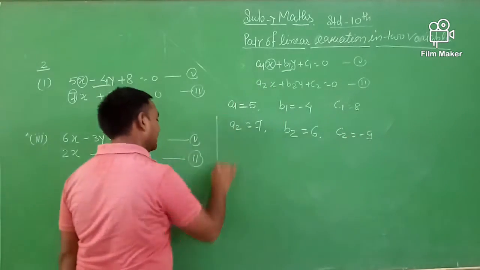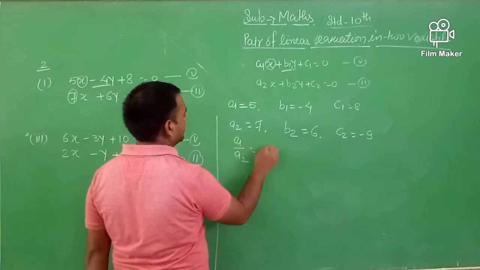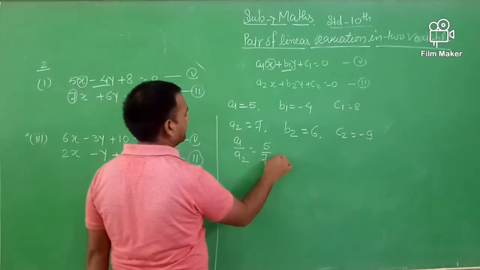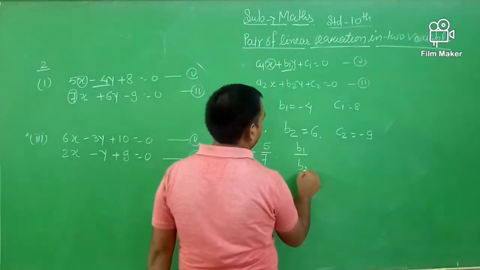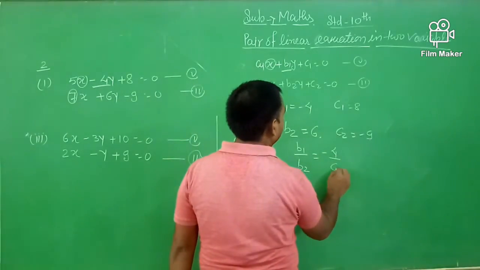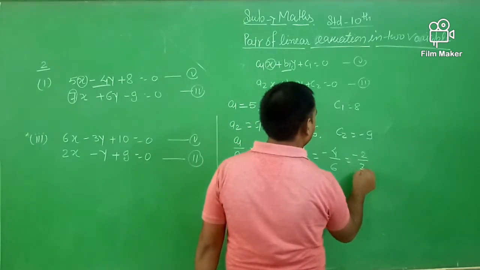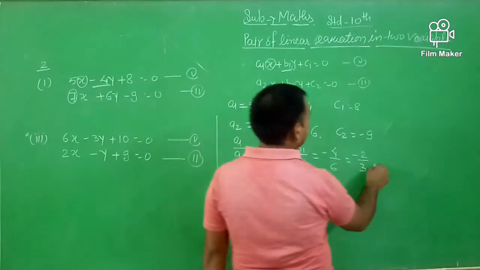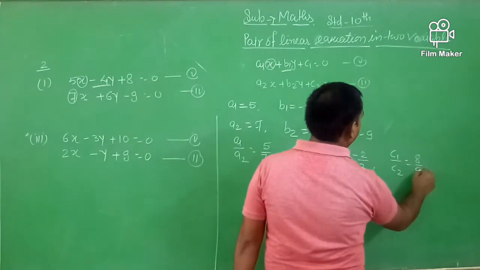After that you find the value of a1 by a2. a1 by a2 is equal to 5 by 7. Then b1 by b2 is equal to minus 4 by 6, which is equal to minus 2 by 3. Then c1 by c2 is equal to 8 by 9.